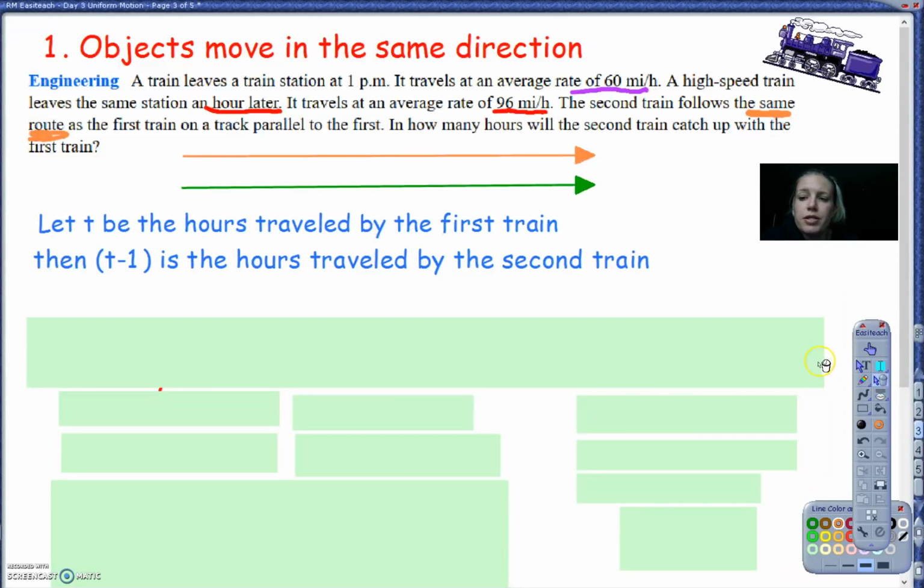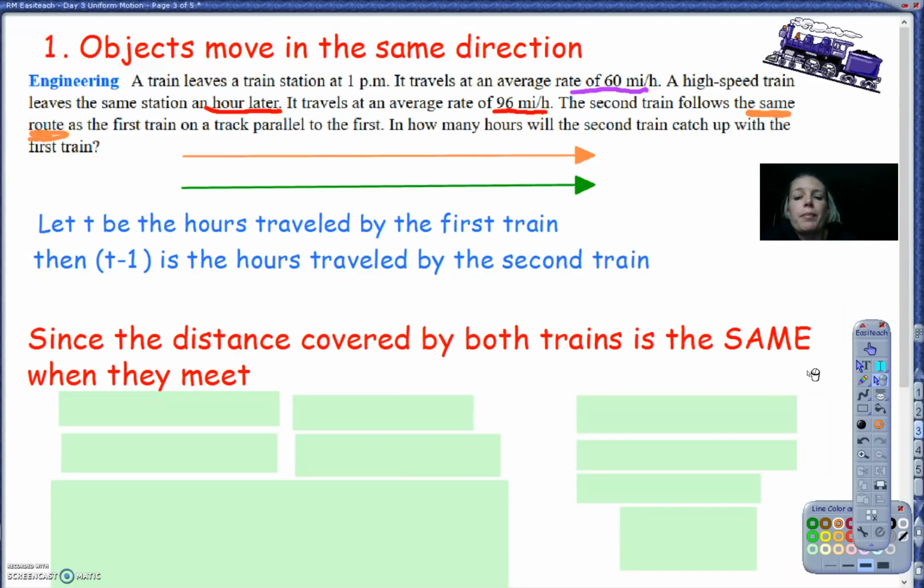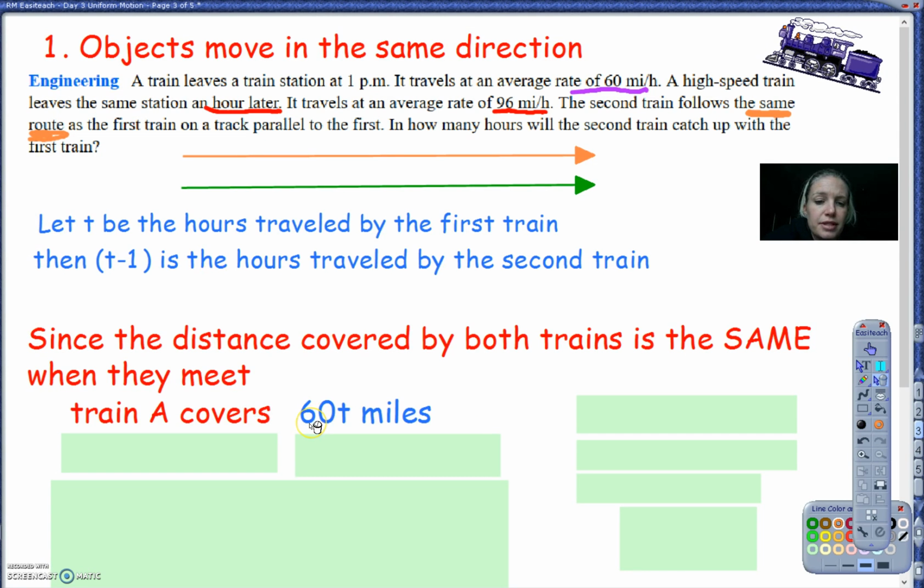Okay. So, since the distance covered by both trains is the same when they meet, train A covers 60 times T miles because we don't know how many hours we're spending until it gets to the same spot.